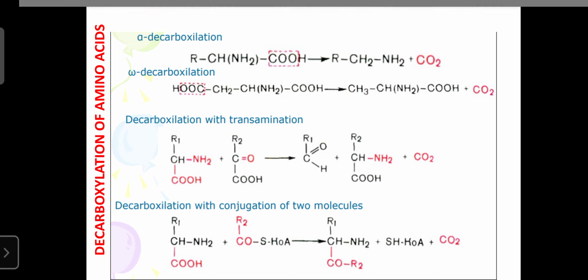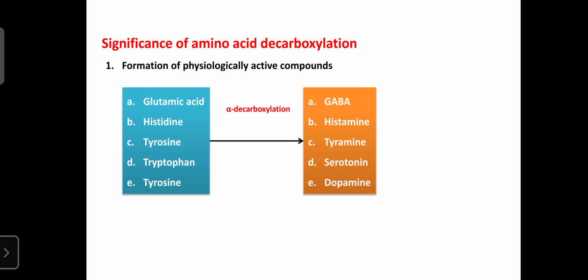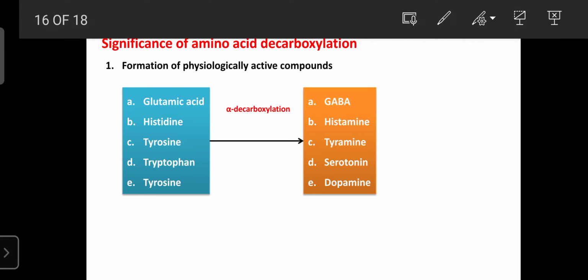Next, regarding the significance of amino acid decarboxylation, it is involved in the formation of physiologically active compounds. For example, glutamic acid undergoes alpha decarboxylation and forms GABA, and GABA is a neurotransmitter, an amine in the CNS.